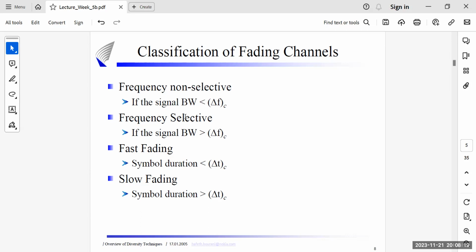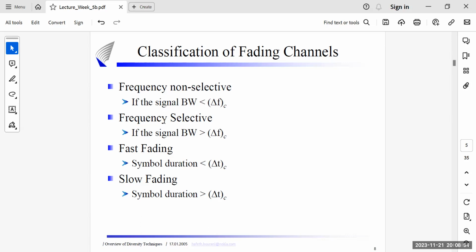In case of frequency selective fading, the signal bandwidth is greater than the coherence bandwidth. Does it make sense? Yes, it does. If your signal's bandwidth is greater than the coherence bandwidth, its frequency range obviously lies in the range at which you get some kind of selectivity in frequency.